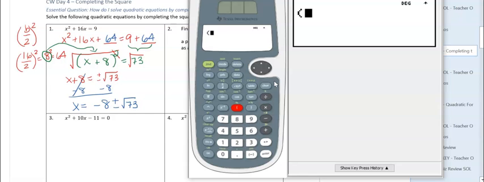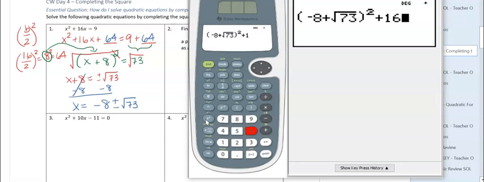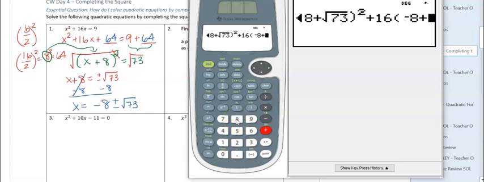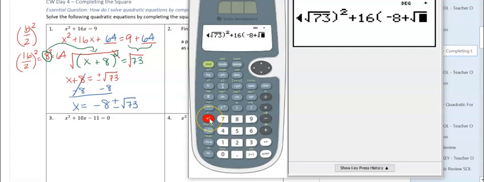Instead of x squared, I'm going to do negative 8 plus the square root of 73, close that parenthesis, and that's squared, plus 16 times, again, negative 8 plus the square root of 73.